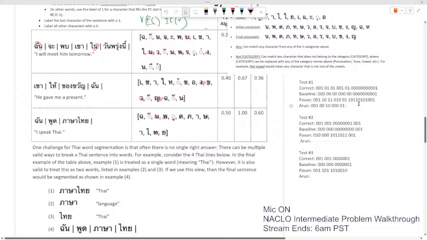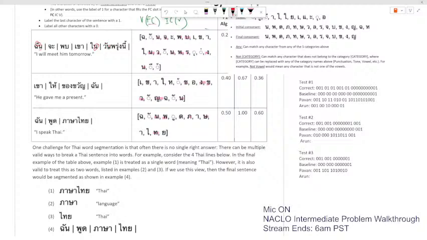Okay. Now this big last word, let's get into it. That's a final consonant following a final consonant.